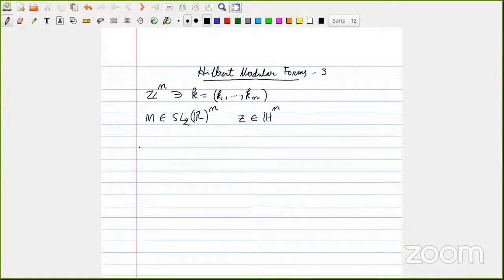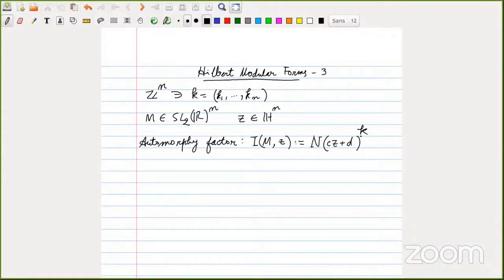So I define the automorphy factor. This is going to look like J of M, Z. It's better to use this. So this is defined to be (cz + d) to the power of k.